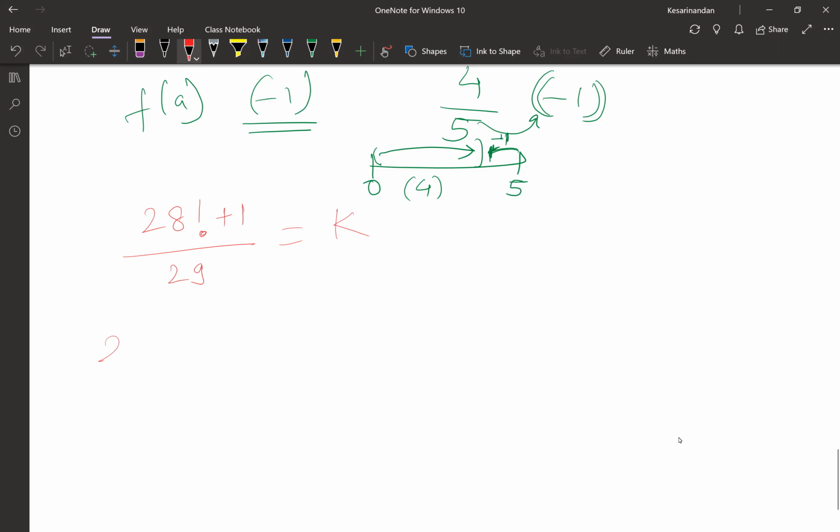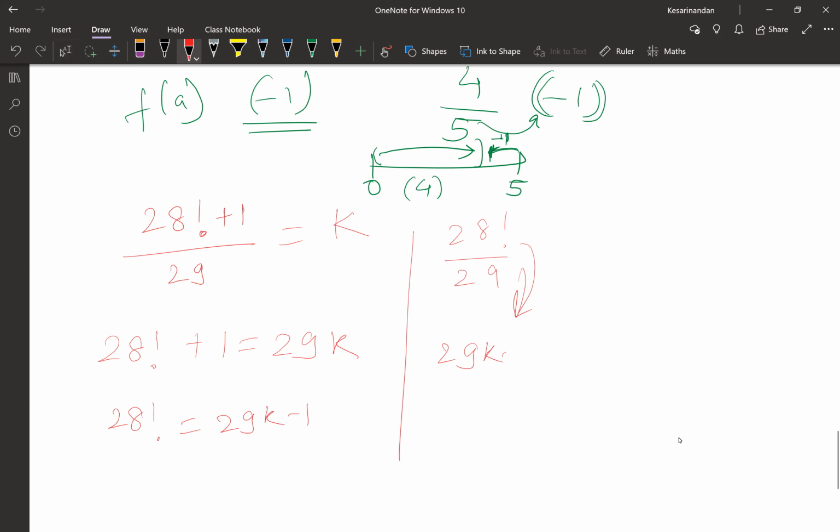So can we say 28 factorial plus 1 is equal to 29k? So can we say 28 factorial is equal to 29k minus 1? Now substituting this in the numerator of the question, this becomes 29 into k minus 1, divided by 29.